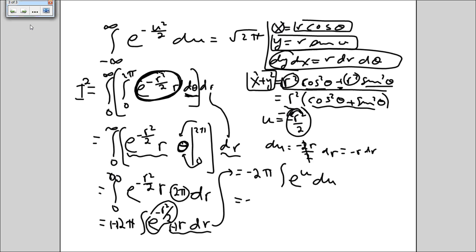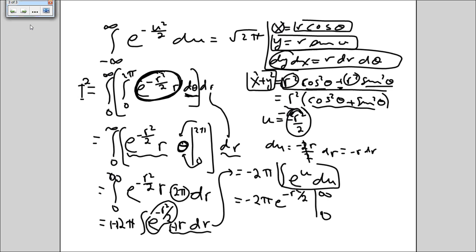The thing is, I know that integral. The integral of e to the u du is just e to the u, where u happens to be negative r squared over 2. And I'm supposed to go from 0 to infinity. Let's do this on top.